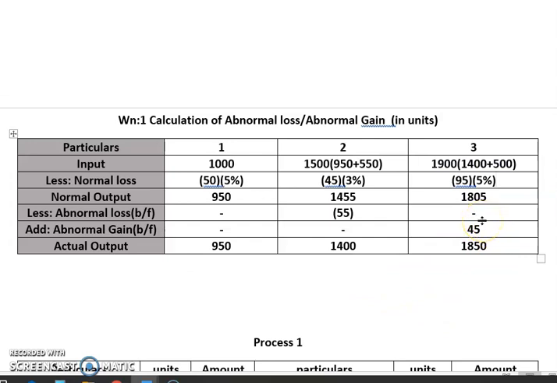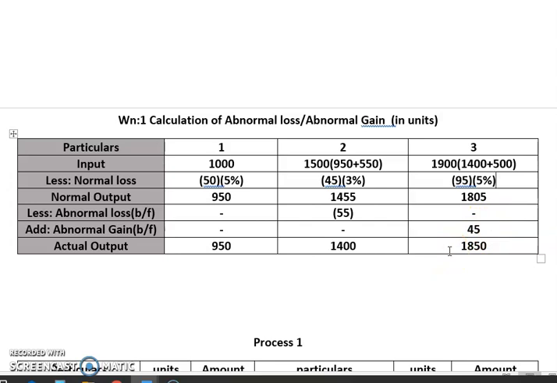Now how did I get it? You see here, we should normally have an output of 1805, but we have an actual output of 1850, which means there is a clear abnormal gain of 45 units. I hope I'm very clear.